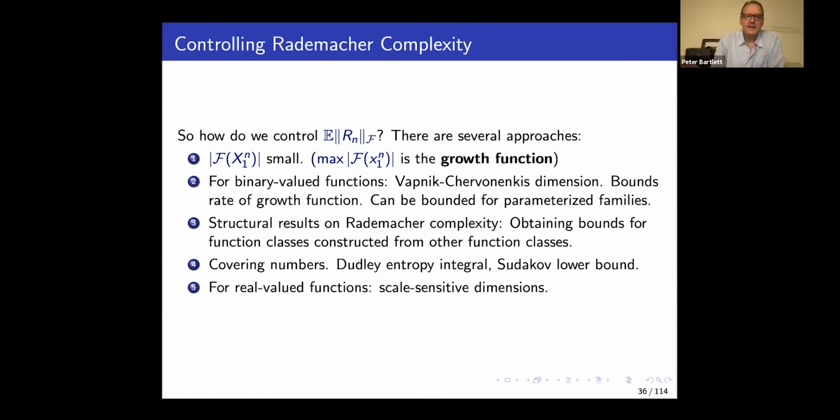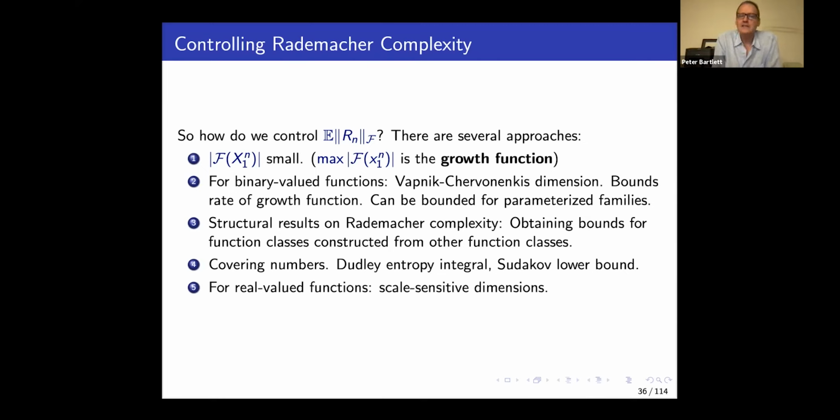There are other notions of complexity that you can relate to the Rademacher complexity. So there are upper bounds in terms of covering numbers. The intuition behind a covering number is you want to find a way of approximating a set with a finite set, where as the level of approximation gets more and more accurate, you should expect to have to use a larger and larger set to approximate things.